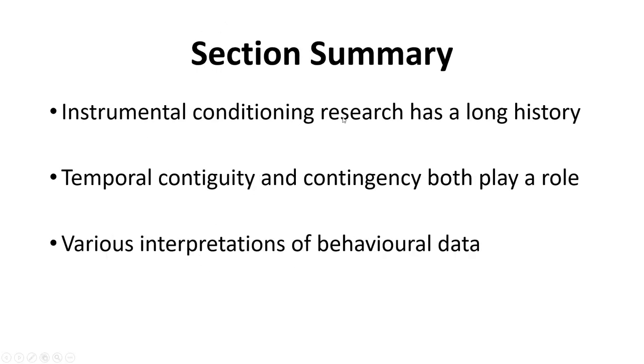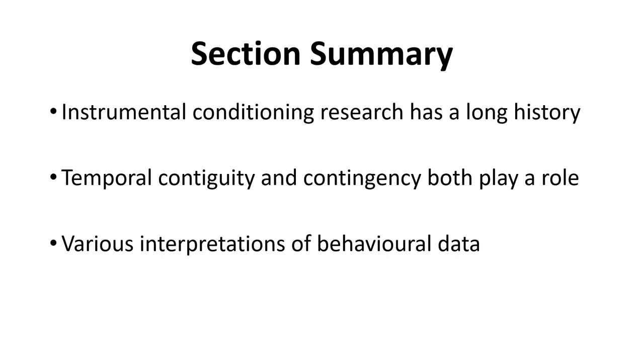All right, so that brings us to the end of chapter 5. So we started off with our history of instrumental conditioning, and though we only touched on some of the very high points, we can conclude that instrumental conditioning research has a very long history, and a very convoluted history.